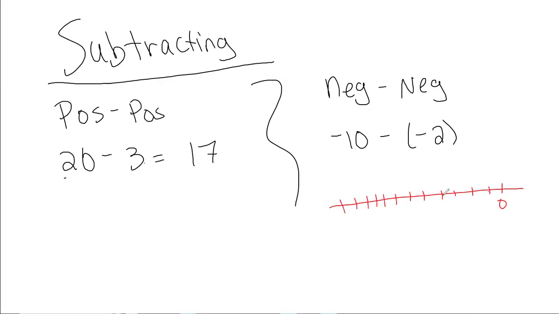Okay, so 1, 2, 3, 4, 5, 6, 7, 8, 9, 10. There's negative 10. Okay, so we would start from 0, go to negative 10, because that's first, and then minus negative 2. So minus means you usually go left, right? Because that takes you smaller on the number line. But then negative means go left again.